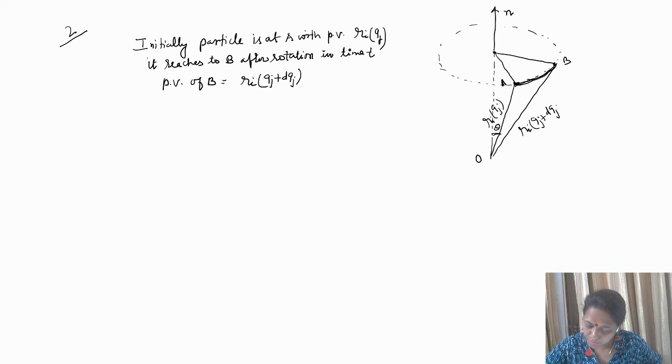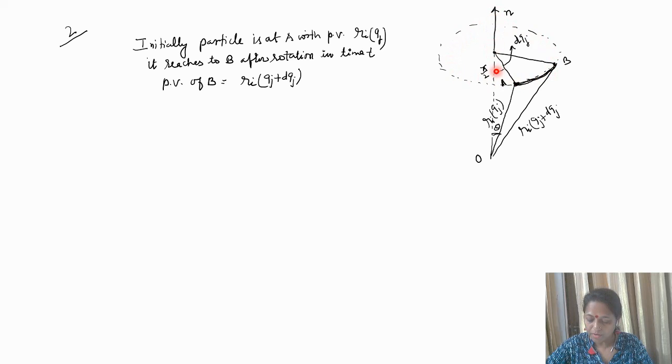And since this position vector is represented by qj, and this is represented by qj plus dqj, this angular displacement will be dqj. And now what is this angle? This angle is pi by 2 because this is the axis of rotation and this is the plane of rotation. So whatever vector or line is lying in this plane will be perpendicular to this.